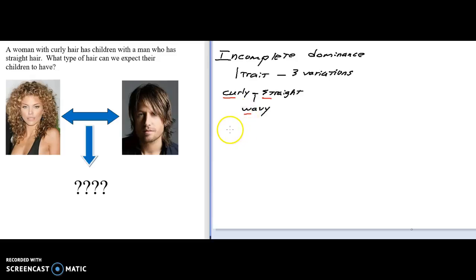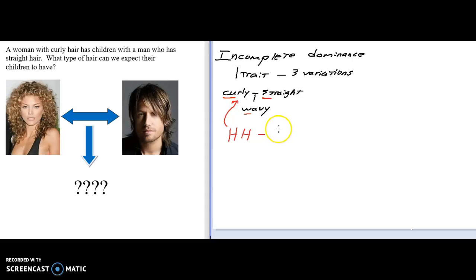Okay, so if we look at the picture to the left there, you got a woman with curly hair. We're going to give her, and I'm just making these letters up, big H represents curly hair. The guy to the right of her, he's got straight hair. Now, I want to stay with the same letter. I want to stay with H's. I do not want to go with S's or anything like that.